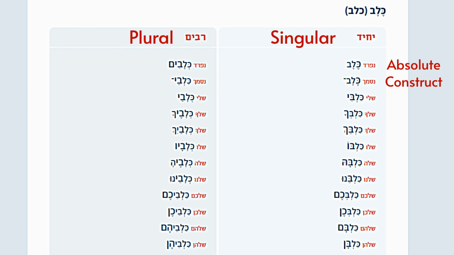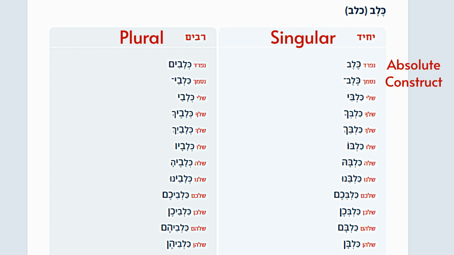On the rabim table, the plural table, we have the same thing. Kalavim, dogs, plural in absolute form, and kalve, dogs of, in construct form. On both tables, we have in red the words sheli, my, shelcha, your, and so on.